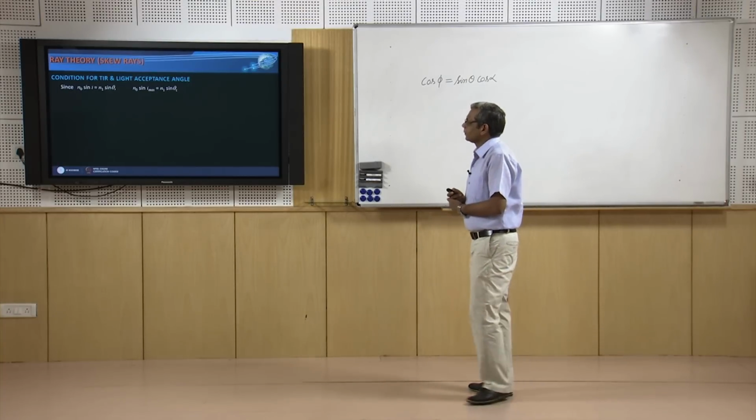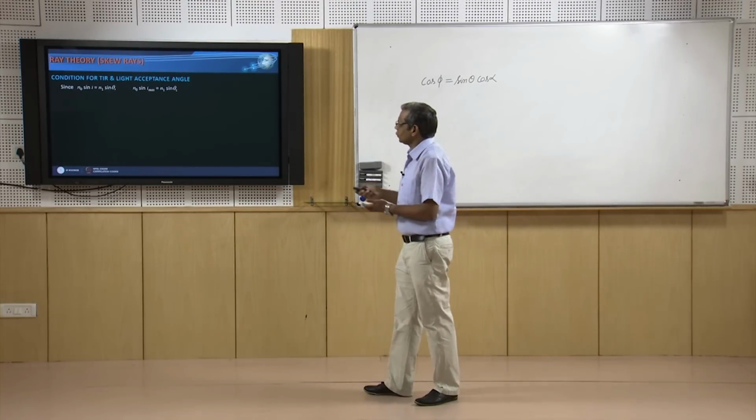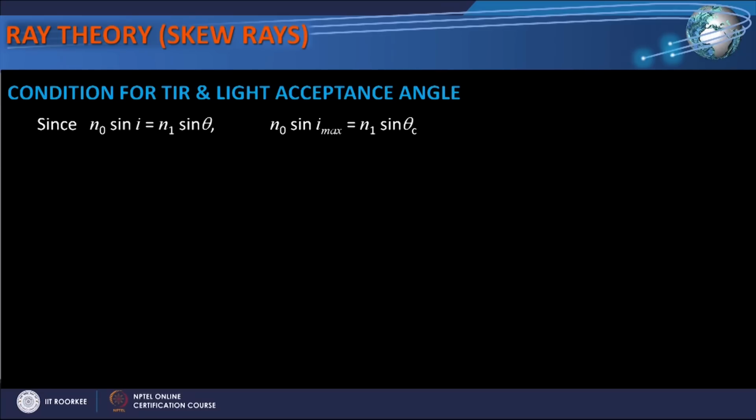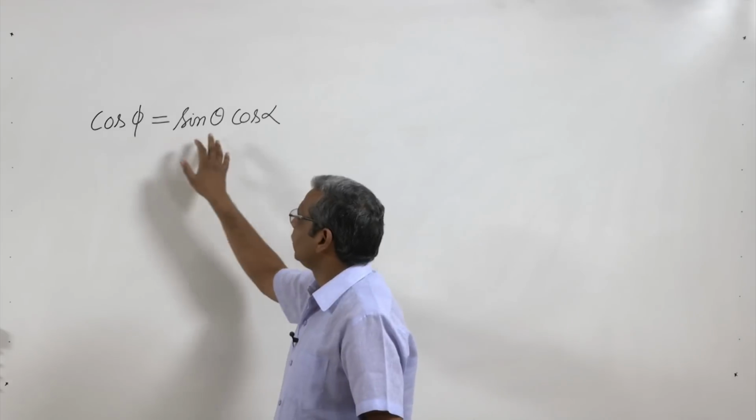Well, now since from Snell's law I have already seen that n0 sin I should be equal to n1 sin theta. So, n0 sin I max should be equal to n1 sin theta c correspondingly, and hence sin I max would be equal to n1 cos phi over n0 cos alpha, because sin theta is equal to cos phi divided by cos alpha.